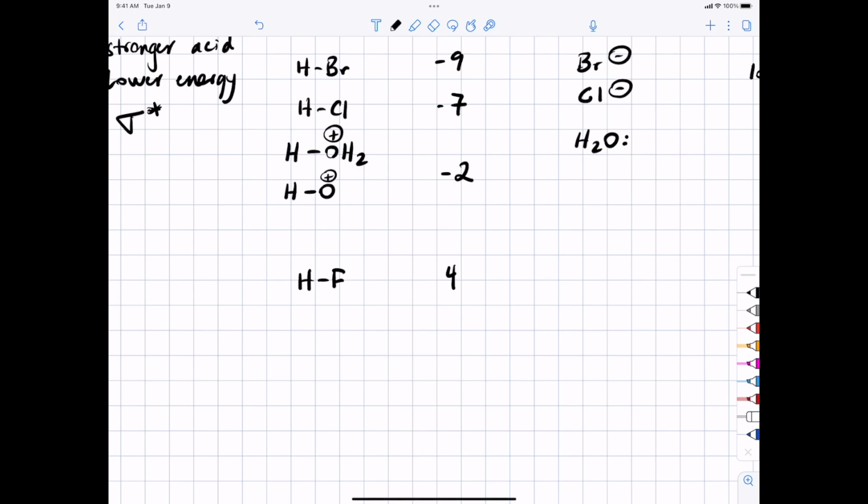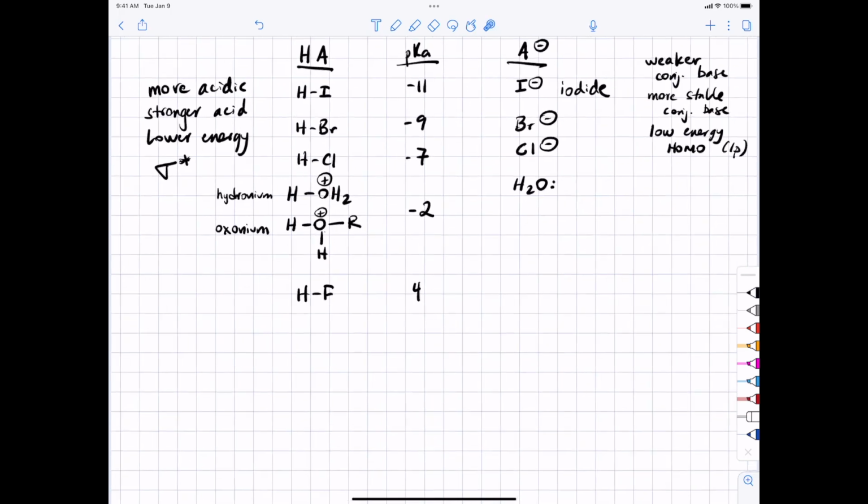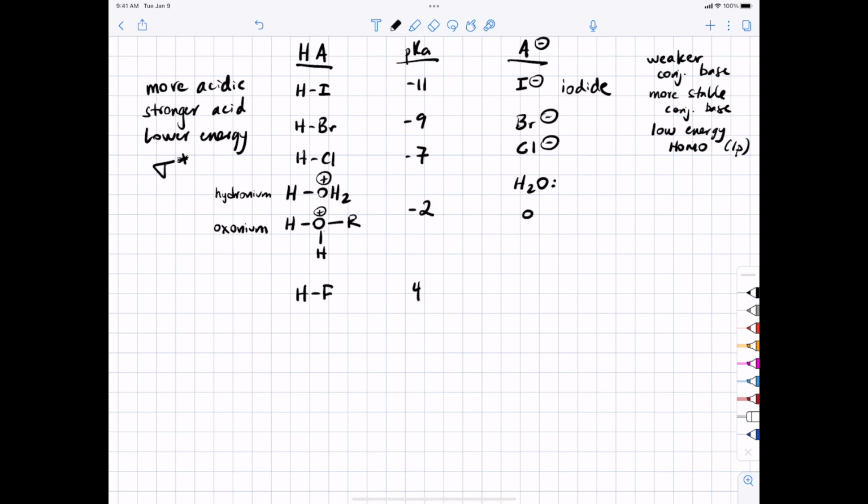So this is hydronium. We're going to call this an oxonium ion. It's a protonated alcohol. The conjugate base of the oxonium ion is some alcohol. I've left the R group general, though I suppose we can be more specific and say it's something alkyl.